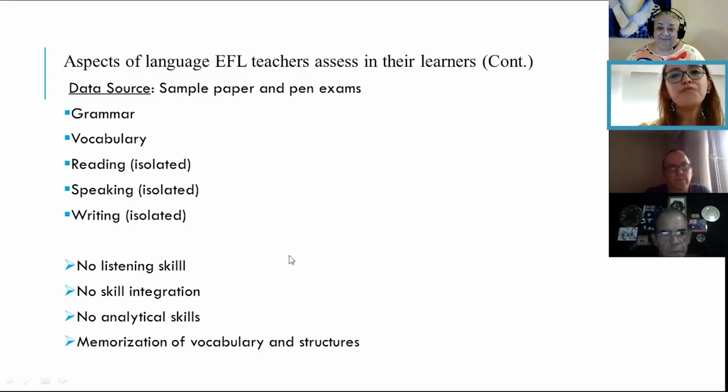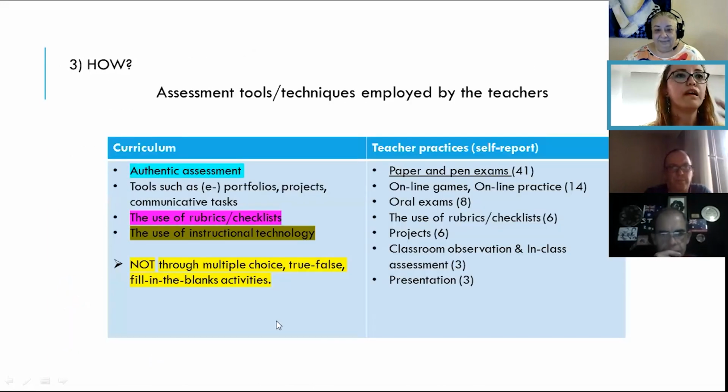What I couldn't find in the 10 samples of exams were any listening skill, skill integration, or analytical skills, but only memorization of vocabulary and structures, unfortunately. I'm going on. I don't know if I'm too fast, but I'm going on.